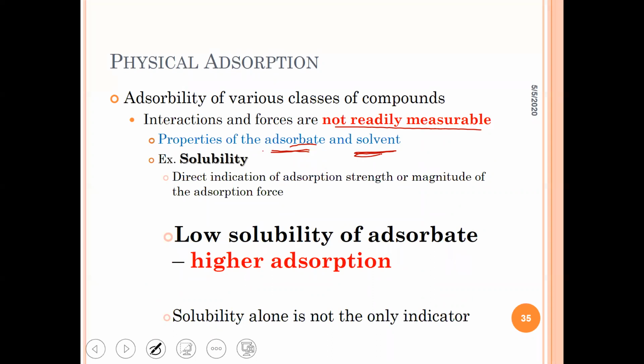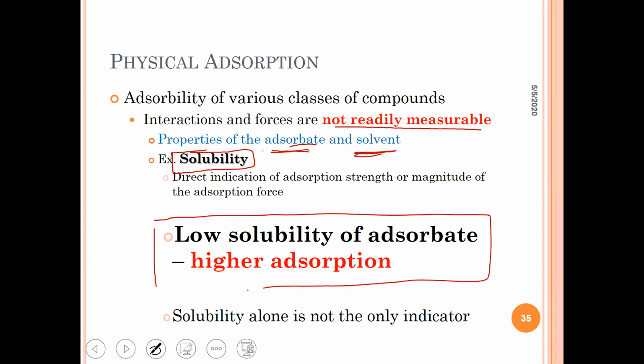For example, the solubility. Solubility we can measure easily. Physically we can measure. So we can have one key point. The lower the solubility of the adsorbate, the higher will be the adsorption. This is one thing we have to consider.